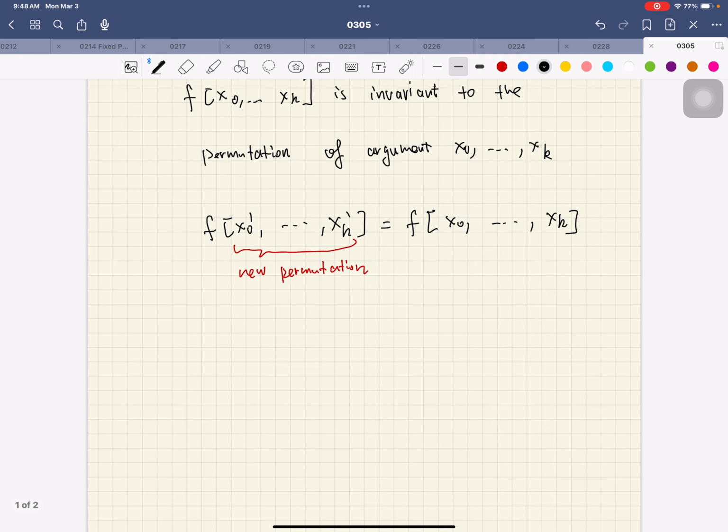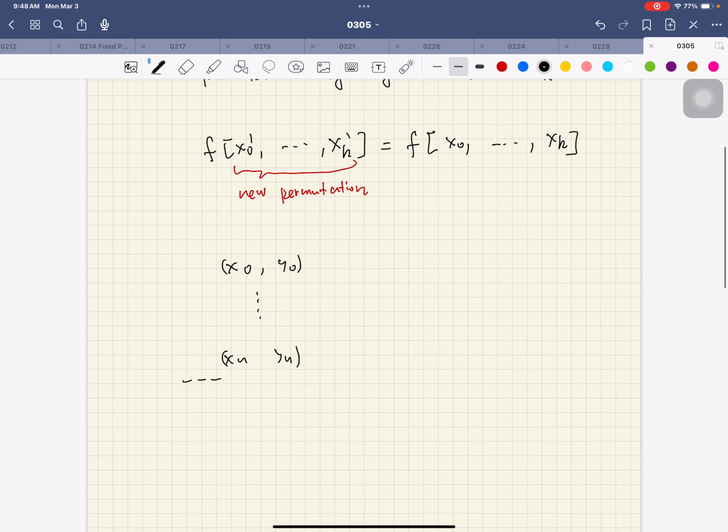Basically that means now suppose we have a data set x0, y0, up to xn, yn, and now let me add xn+1 and yn+1.